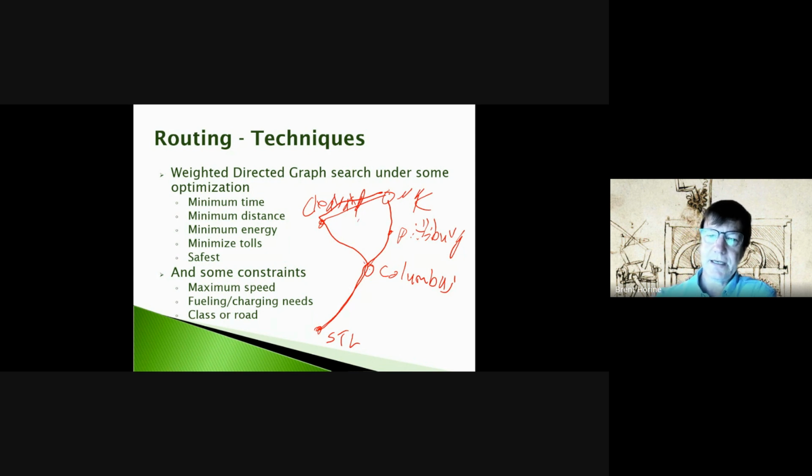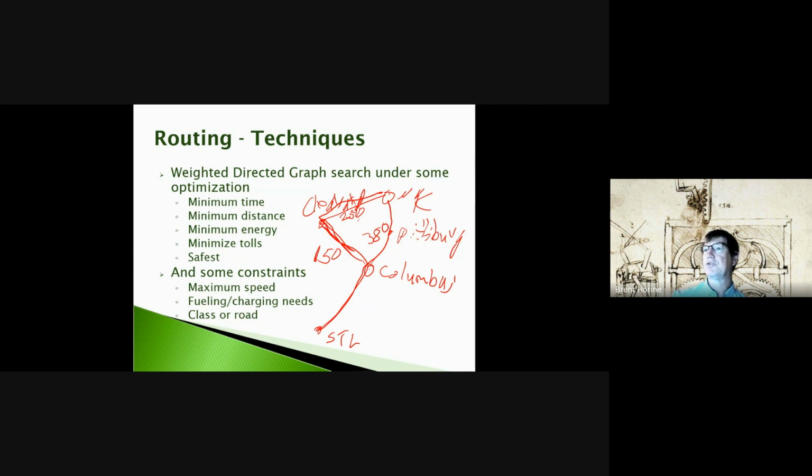This distance here might be 150 miles. I don't know why my pen's not working very well. And this might be 250 miles up here. So that's 400, but this might be 380 here. So we can look at these and decide by looking at these weights what the best way of getting to our destination is.